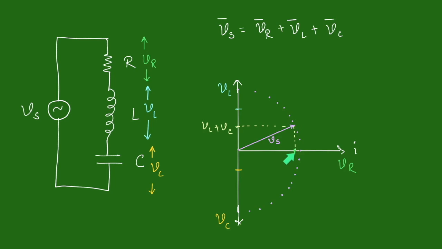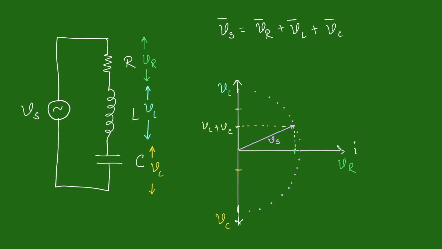If we go on increasing the frequency, VL will go on increasing as XL is going to increase, but XC is going to decrease, and so VC is going to decrease. The source voltage Vs is going to remain the same.